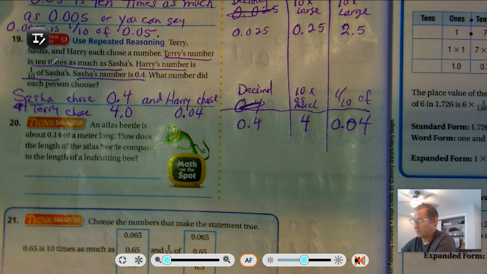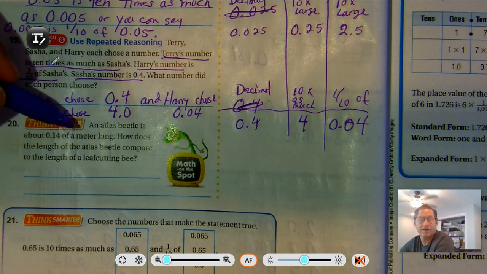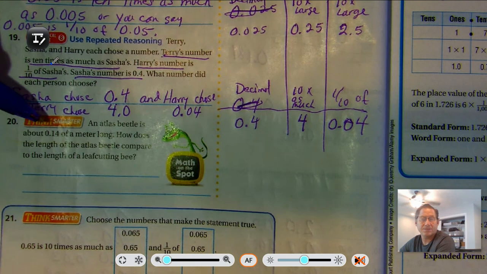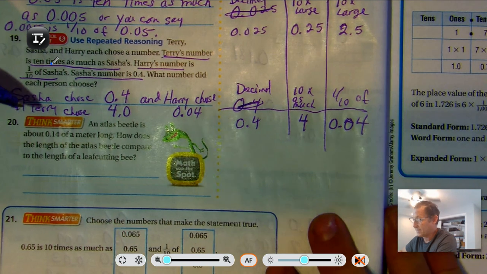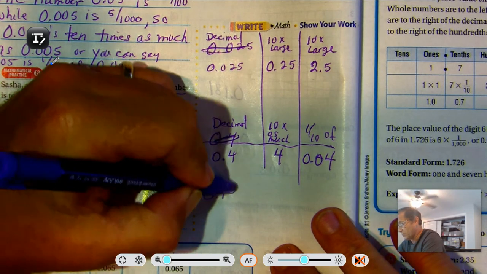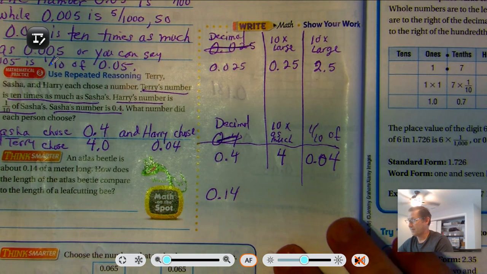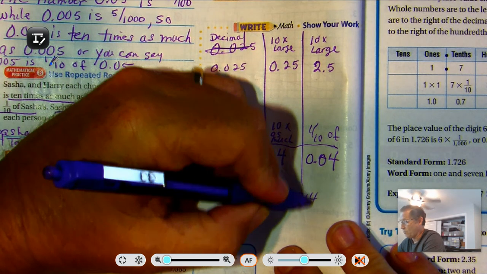All right, number 20. An atlas beetle is about 14/100ths of a meter long. How does the length of the atlas beetle compare to the length of the leaf-cutting bee? All right, so the atlas beetle is 0.14. The leaf-cutting bee is 0.014.